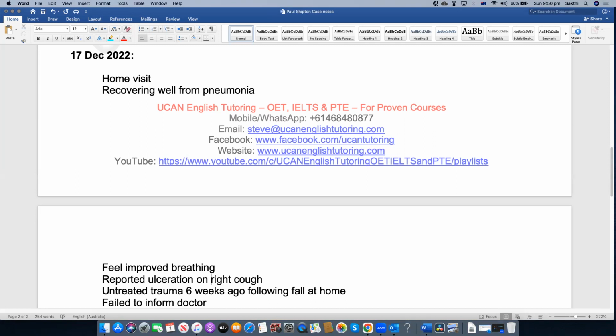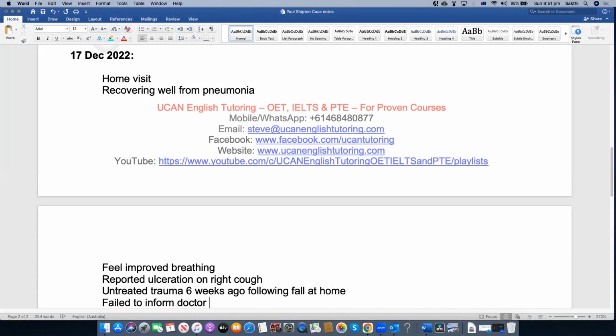From the information perspective, it is very important for us. So we need to get the information only. Don't worry about the grammar. The grammar is not going to be 100% correct in the question paper. So please understand this.